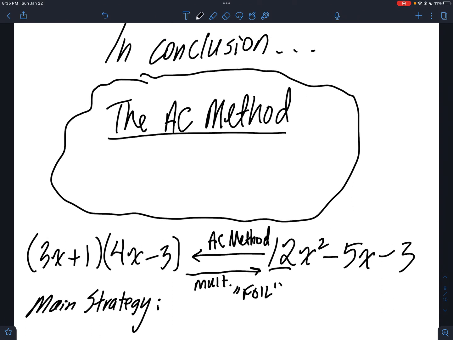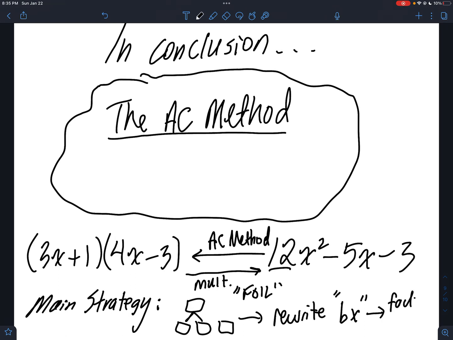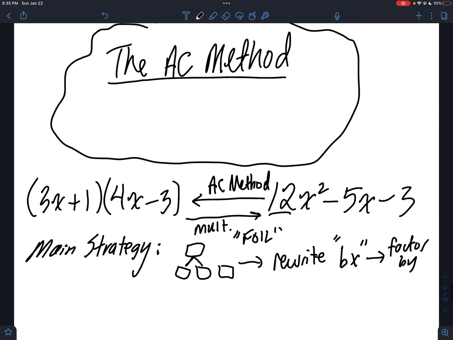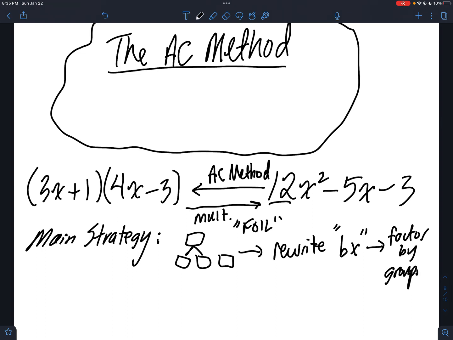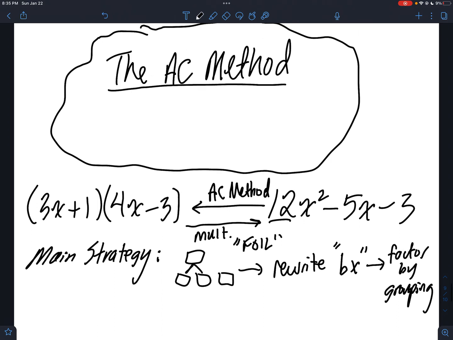So the main strategy for AC method is to do what? It's to fill in our little template that we had, and then you rewrite that middle term, and then you do factor by grouping. Okay, so I gave you a few examples, but I encourage you to practice more.